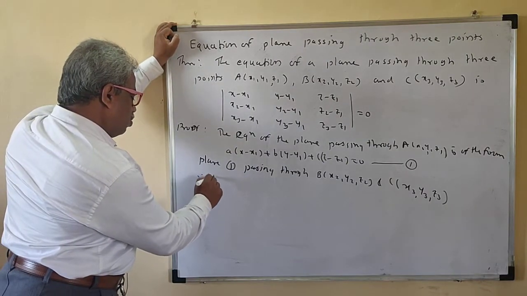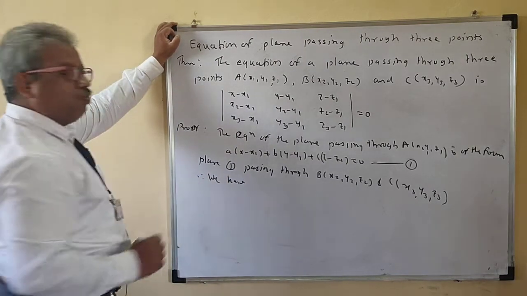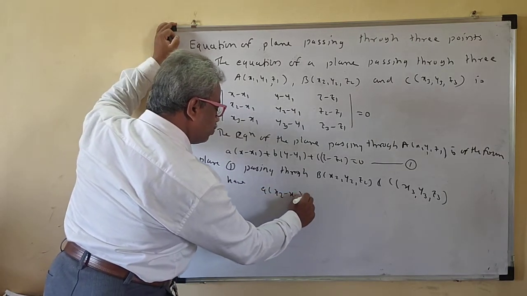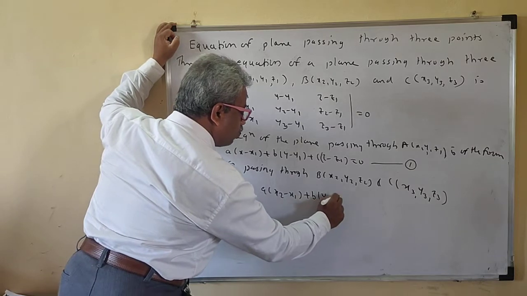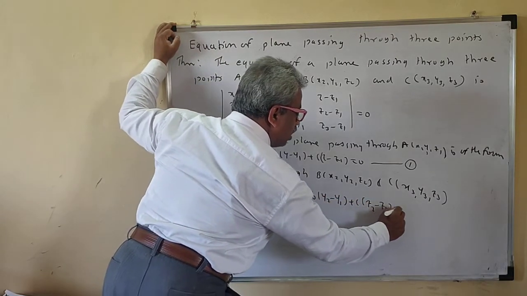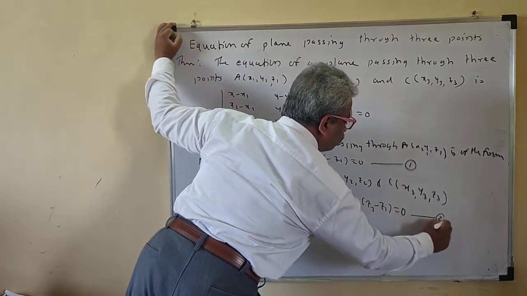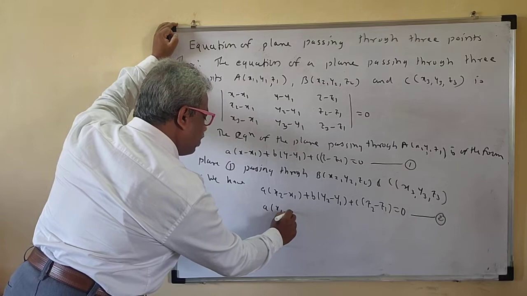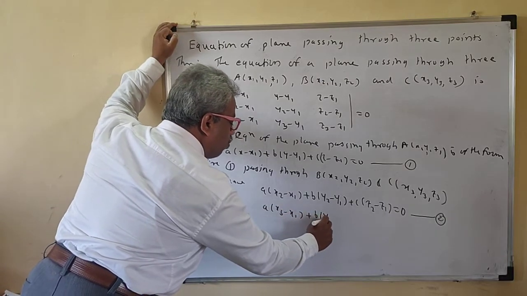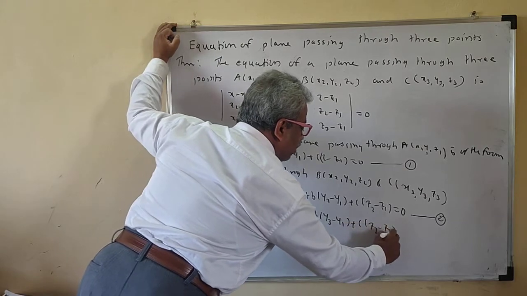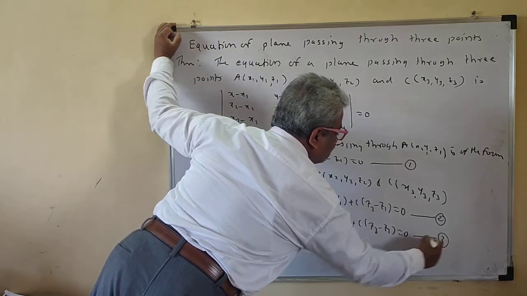Therefore we have a into (x2 minus x1) plus b into (y2 minus y1) plus c into (z2 minus z1) is equal to 0. I call this 2. And for this one, a (x3 minus x1) plus b (y3 minus y1) plus c (z3 minus z1) is equal to 0. This is 3.